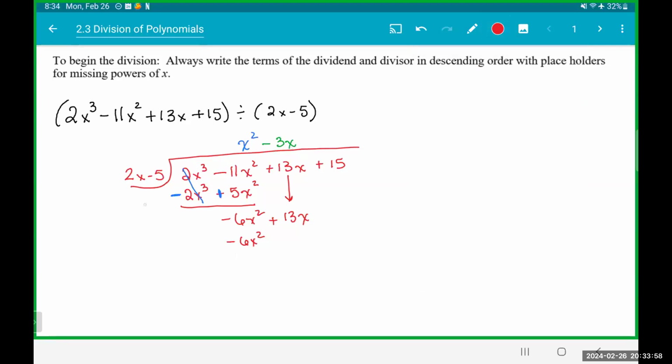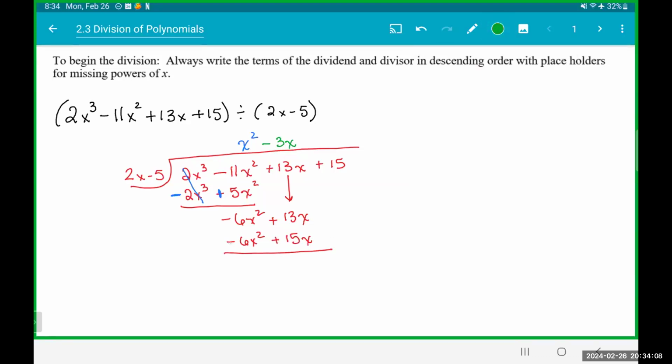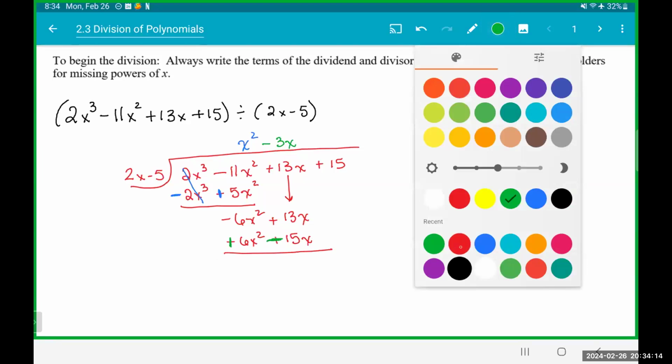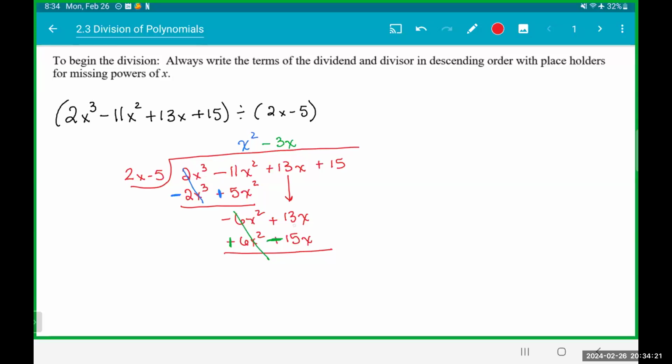Negative 3x times negative 5 gives me positive 15x. And I need to change the signs of each of the terms. And that makes the first term here go away just as we need it to. And we have 13 minus 15 is a negative 2x. And we'll bring down our last term out here, plus 15.